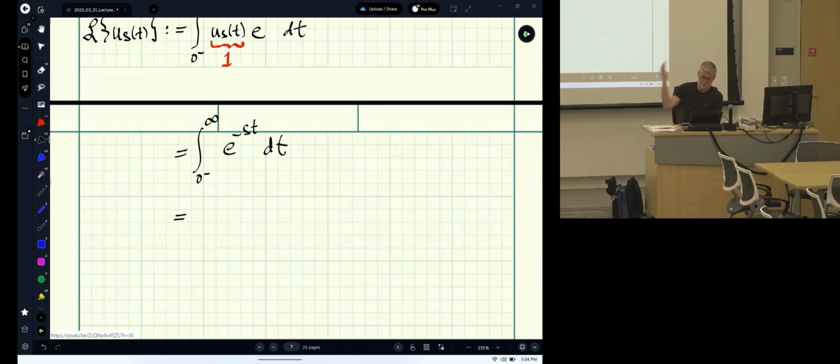Okay, so we want to do the integral. We take the antiderivative of the exponential, and we evaluate from 0 to infinity.